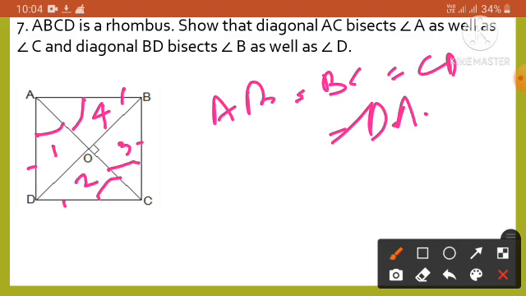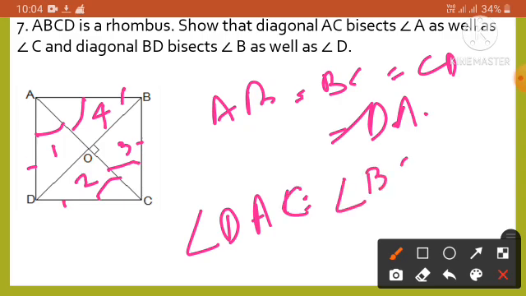Now, CD equals AD. Angle DAC, that is angle 1, is equal to angle BCA. Now we know angles opposite to equal sides of a triangle are equal. So here we can say that angle 1 equals angle 3.